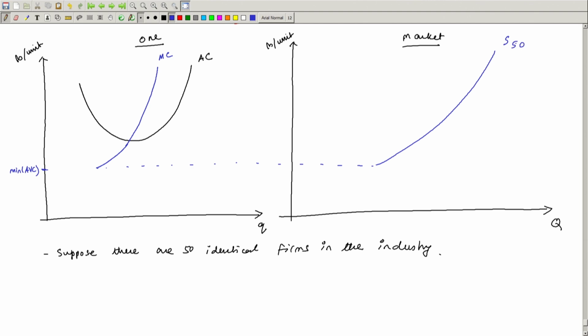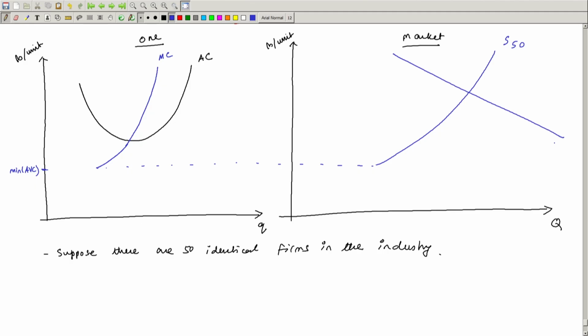Just as we did for the example where there were 300 firms, we identified the supply curve of each firm based on price equals marginal cost. We aggregated all of them to get the aggregate or the market supply curve. So, here my market supply curve is S50. Suppose for a moment that the demand curve is here.